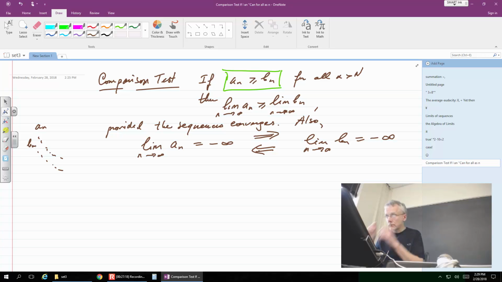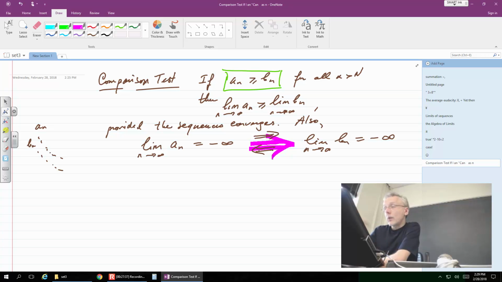Well, let me answer my own question here. So An is above. If An is going towards negative infinity and Bn is below it, what does it do to Bn? Bn also has to go to negative infinity.